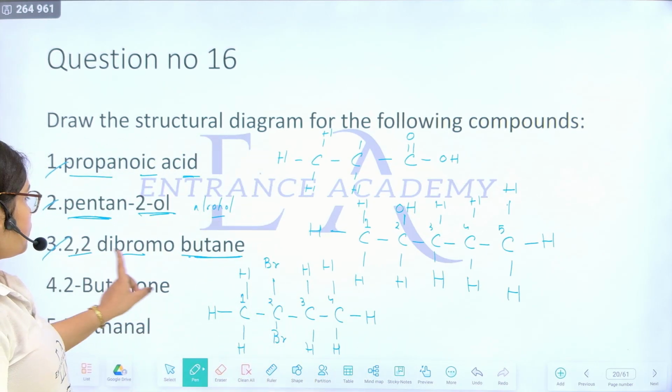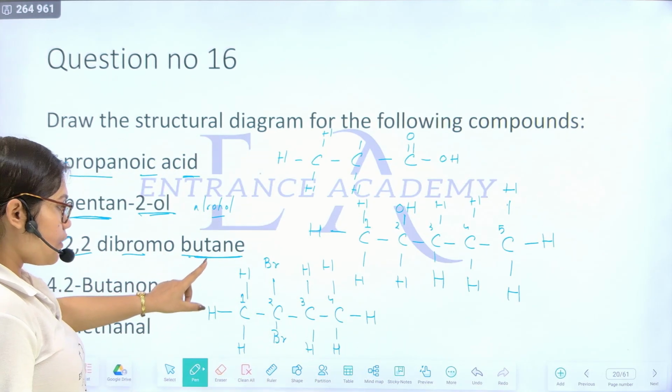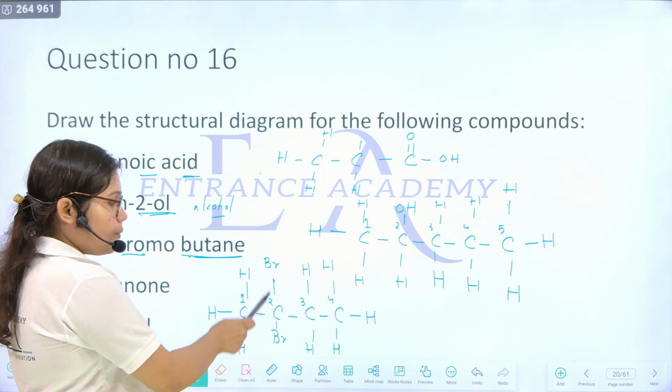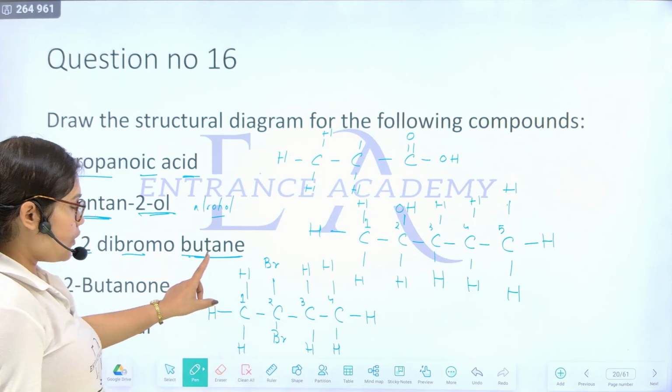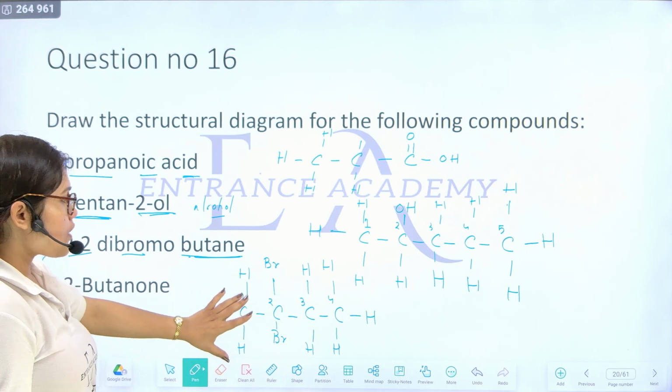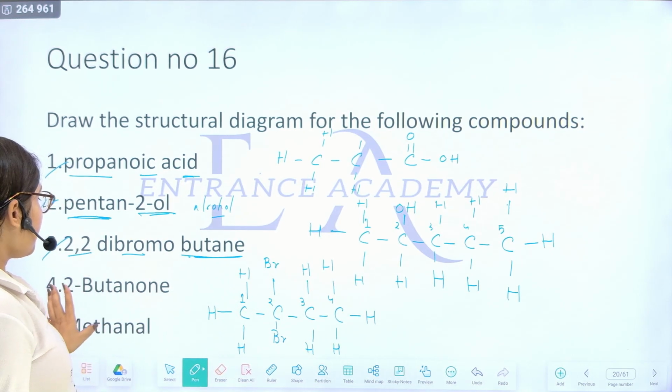This is 2,2-dibromobutane. 2 bromine atoms present at the second number of carbon, the butane, that is the root word. This is the structure of 2,2-dibromobutane.